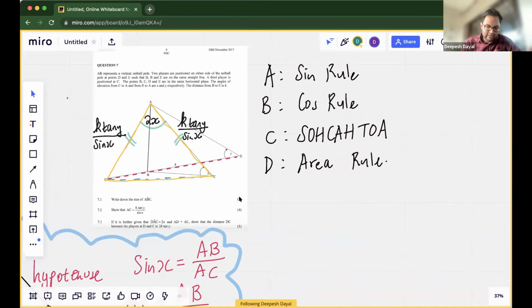A, B, C, or D? Still waiting for some of you to let me know what your answers are. What do you think we're going to use? A, B, C, or D?